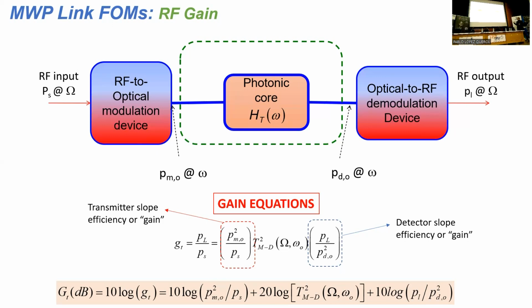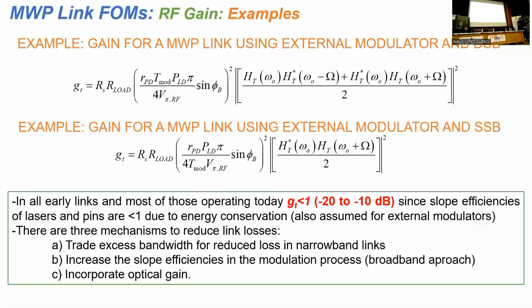For the photodetector here, I need to know several parameters like the responsivity, etc. Okay, I'm not going to provide more details, but what I'm going to put here is the expression of the gain for two different examples that are very representative of practical systems. This is external links using external modulators, okay, and either double sideband or single sideband.